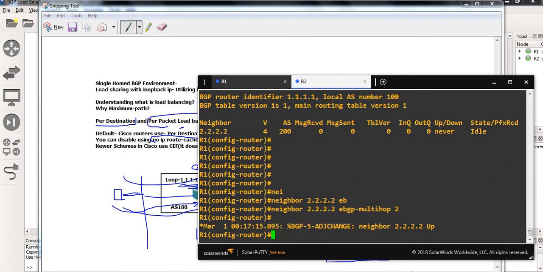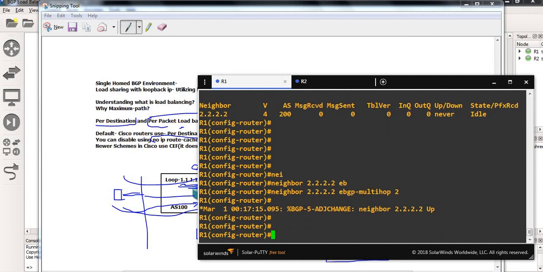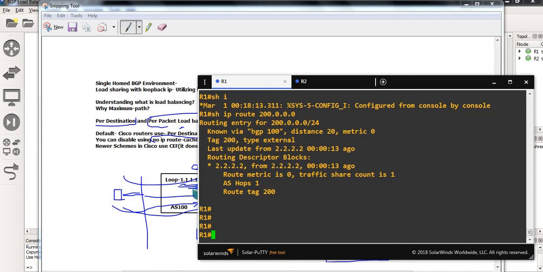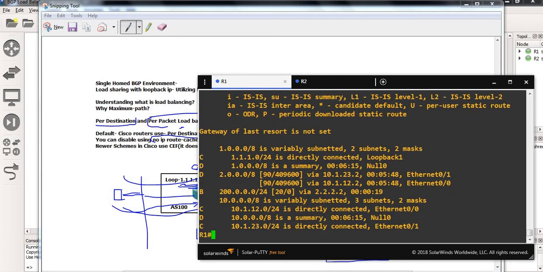I will go to router 1 and verify whether I have received the new route. Show IP route 200.0.0.0. Okay, you could see that I have received this route from BGP 100. If you also execute show IP route, you could see that this route is received here.